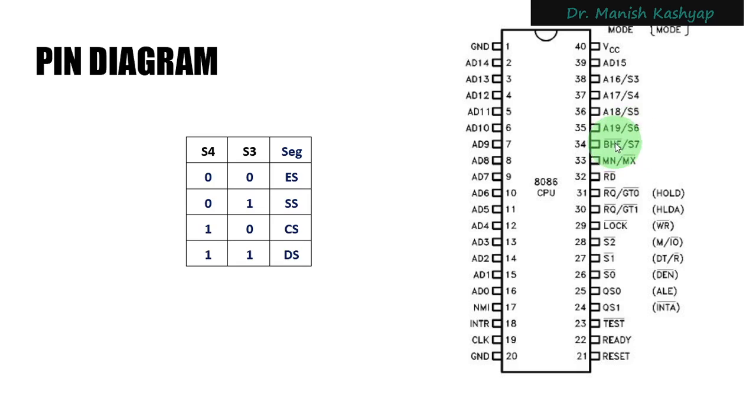So there are some odd addresses and some even addresses, right? This bus high enable is used to indicate whether odd addresses have been selected or not.